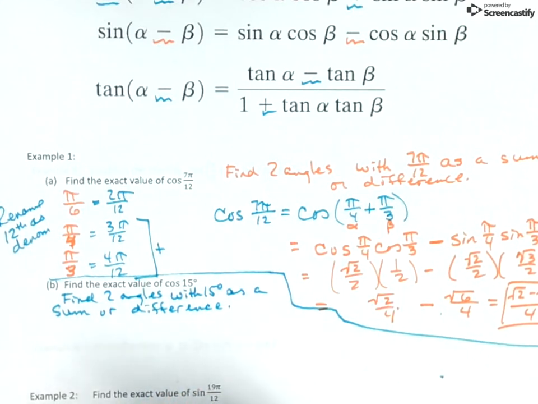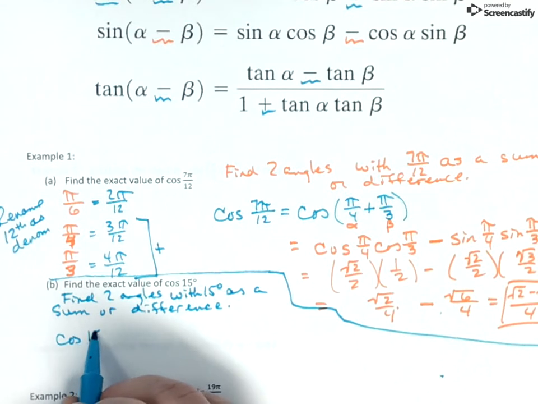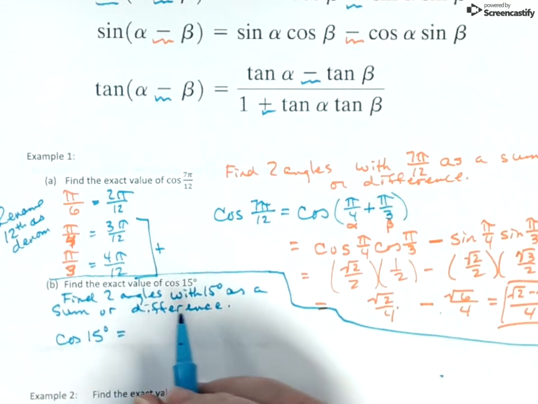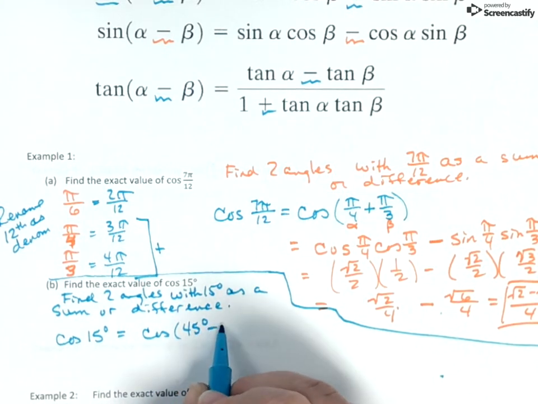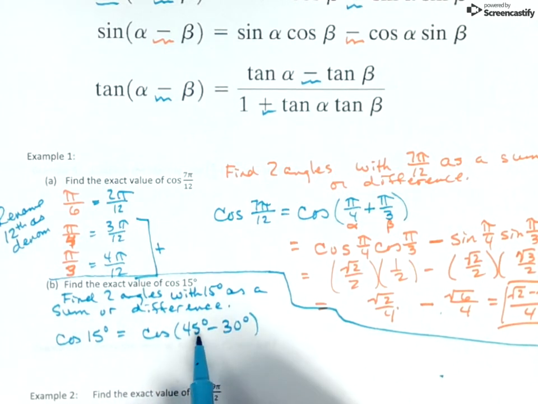There were a lot of places on the unit circle that had a sum or difference of 15 degrees, but I chose the easiest two. I thought about the fact that the cosine of 15 degrees is equal to the cosine of 45 degrees minus 30 degrees, because 45 minus 30 is 15.